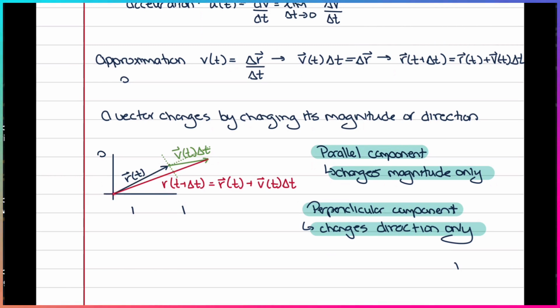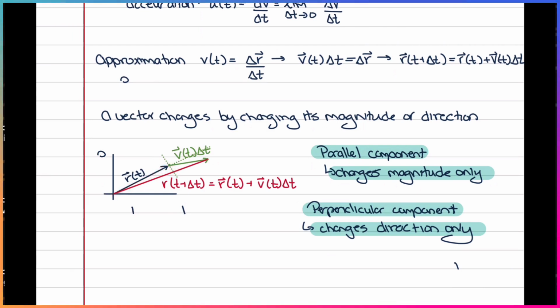Hopefully it's becoming clear where I'm going with this. If I have the original vector, how did I make it longer? Well, it seemed like that's a component parallel to the original vector. Then I have this vector here, and how did I move it over? Well, it seemed like what moved it over was the component perpendicular to that vector.